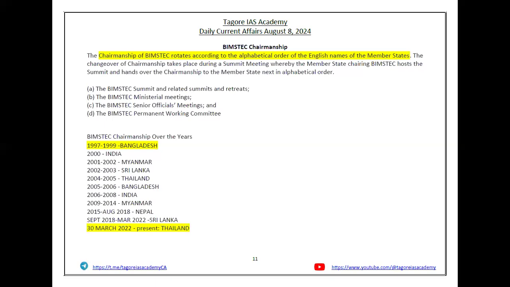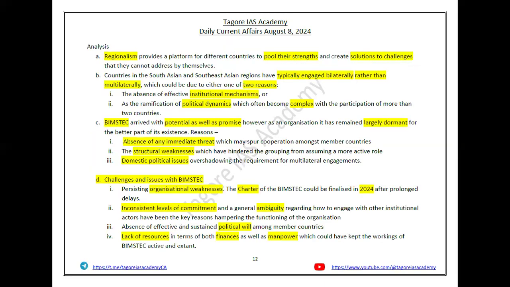For 4 years, nothing happened, not even virtually. So this is the stagnation. Nonetheless, few things. Who was the first chairman? Bangladesh was the first chairman. Who is the current chairman? Thailand. How many times has India been the chair? That is twice.